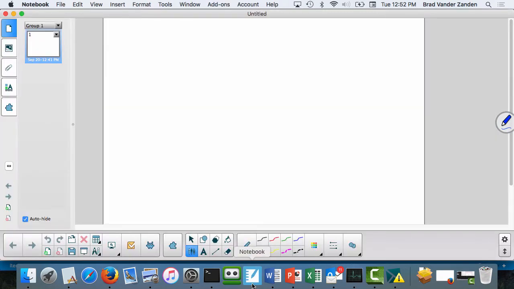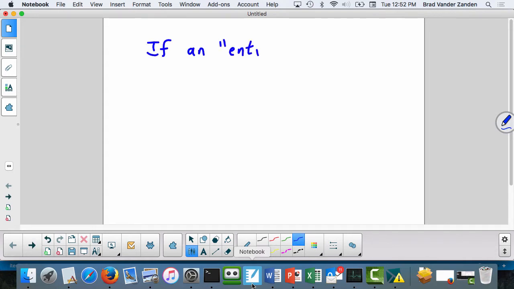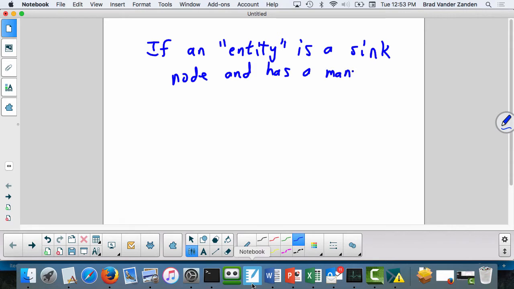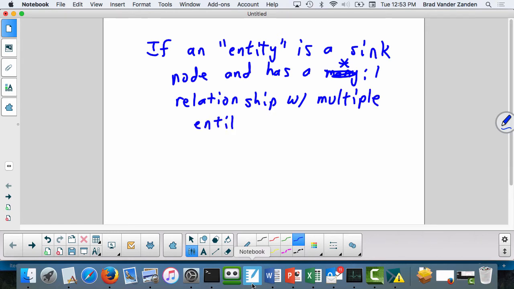So in general, it's not always the case, but if an entity is a sink node and has many-to-one relationships with multiple entities, there is a good chance it is not an entity but a relationship among these entities.